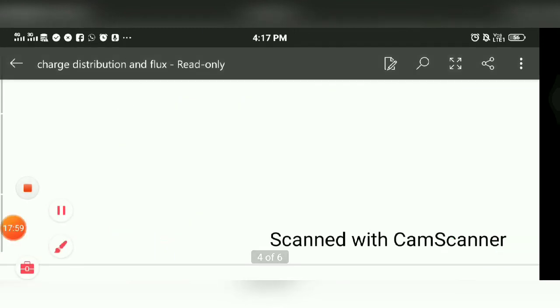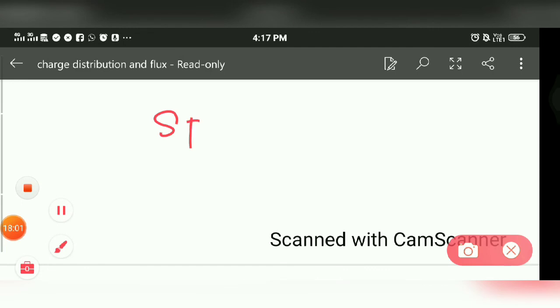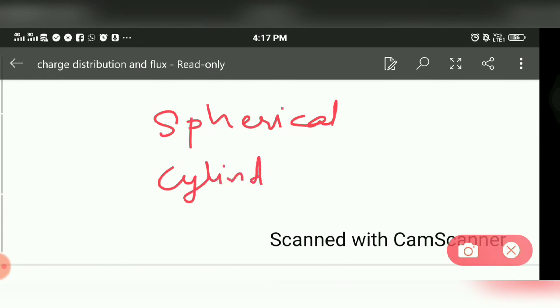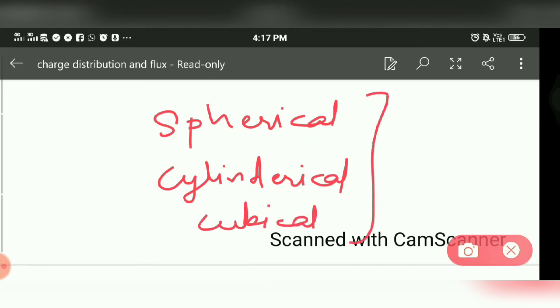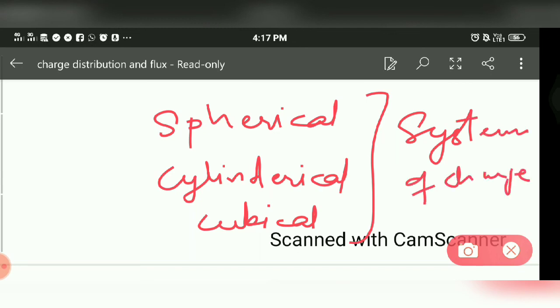Now a Gaussian surface can be spherical, cylindrical, or cubical, depending upon the system of charge distribution.